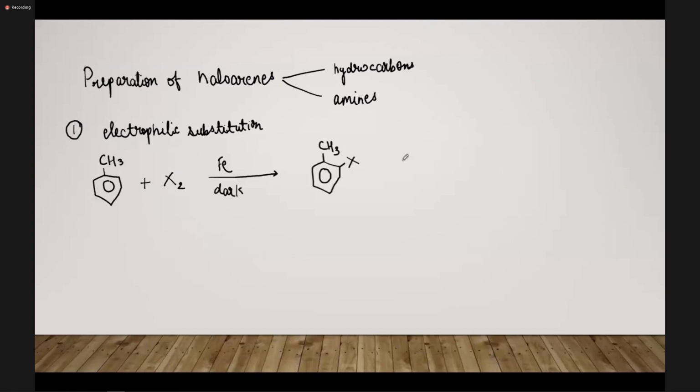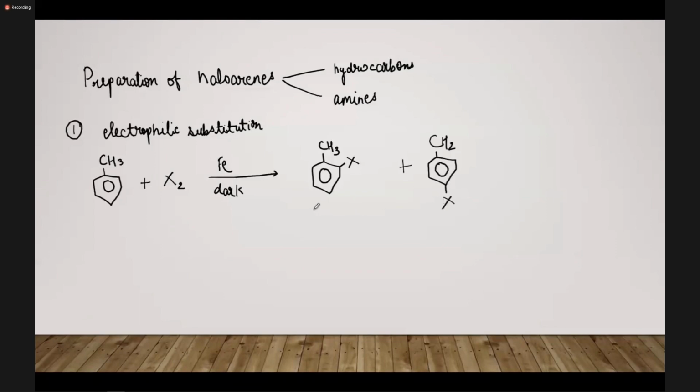The first one is the ortho derivative, and the second one is the para. Here, this is the halogen.